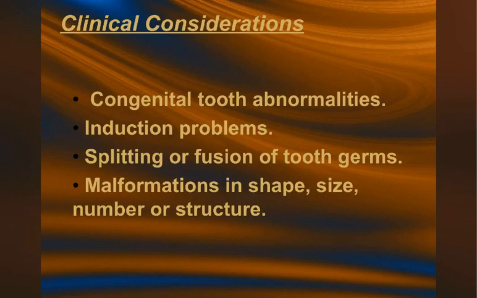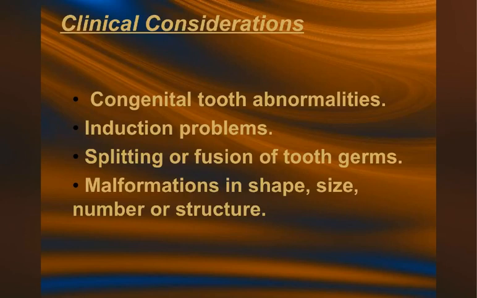We call this splitting. Sometimes two separate tooth germs get fused together, so we have two teeth fused together. They should originally be separate, and now they are fused. This is called fusion of tooth germs.